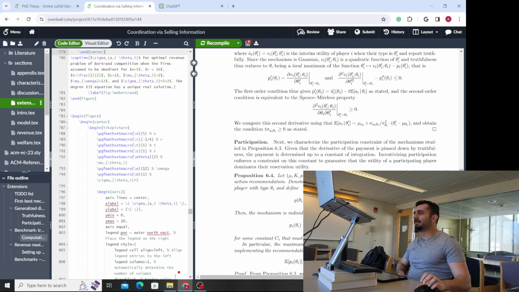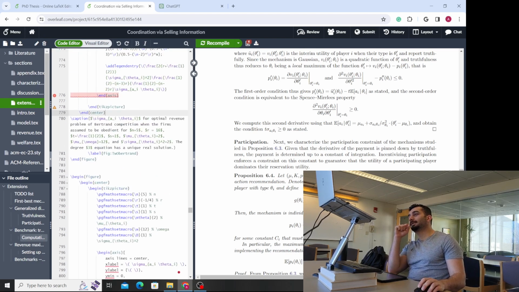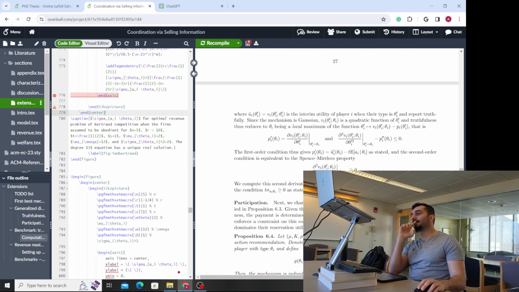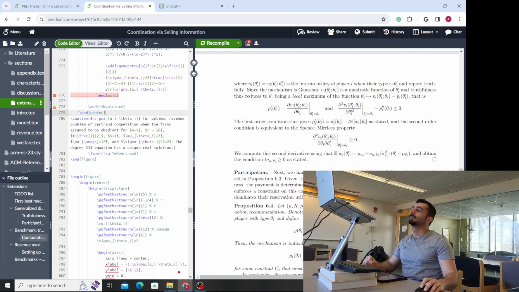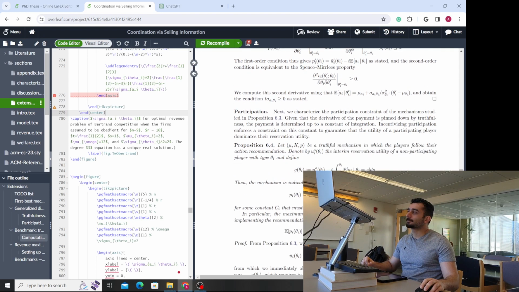So what is this G function? For some constant Ci, G is upper bounded.